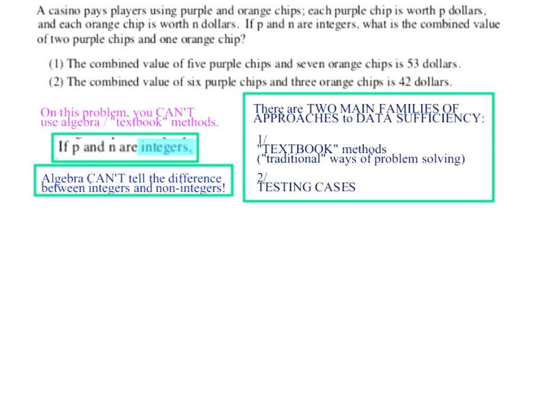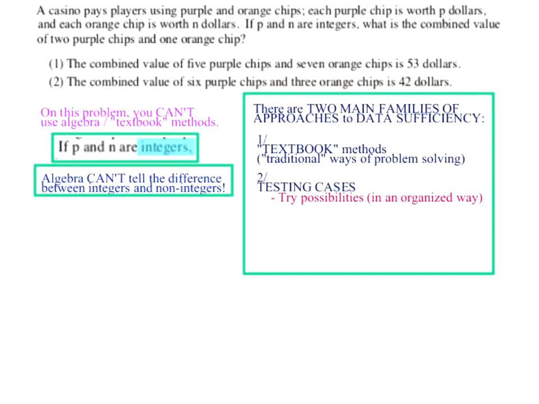So let's review what we're talking about when we say testing cases. You try possibilities in an organized order. It shouldn't be random. You should organize your approach in some way. How to organize depends on the problem, but you should make sure you are not just throwing random numbers in there.